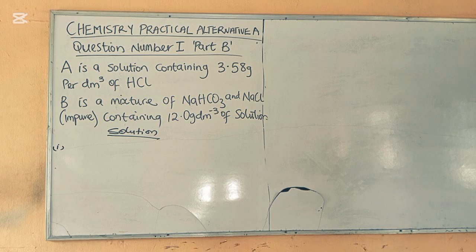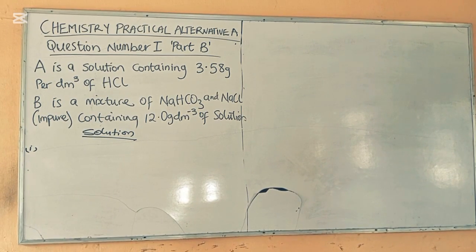Roman figure 1 says that we should find the molar concentration of the acid, but the acid was given in gram per dm³, which is mass concentration.